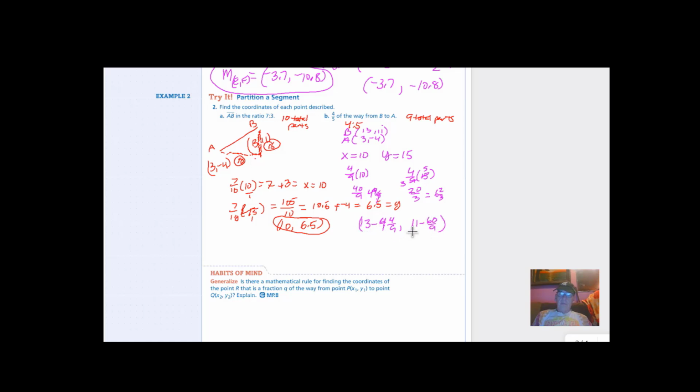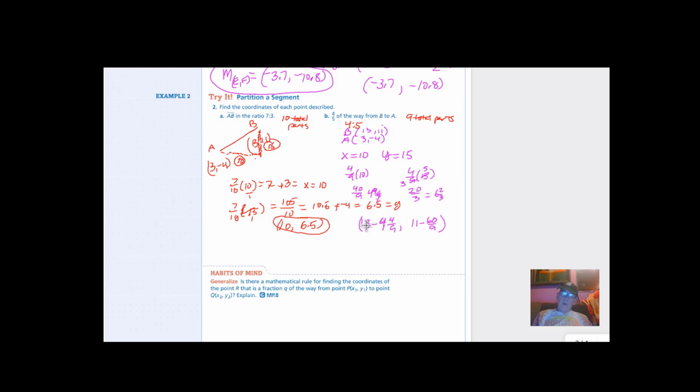Let's see what we get. So 13 take away 4 is going to be 9. 9 take away another 4/9, well, we're dealing with 9s. So 4 out of 9 subtracted from 9 out of 9 gives us 5 out of 9.